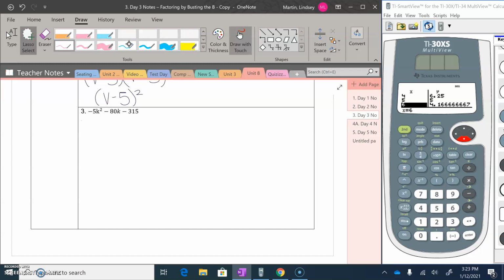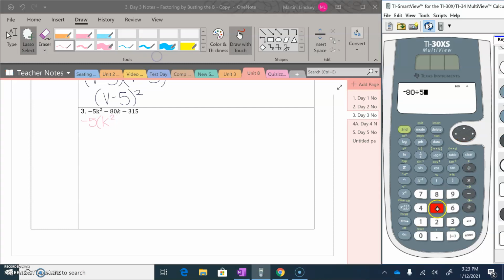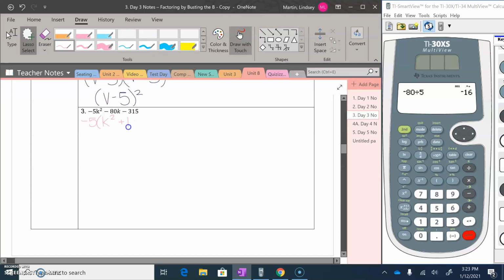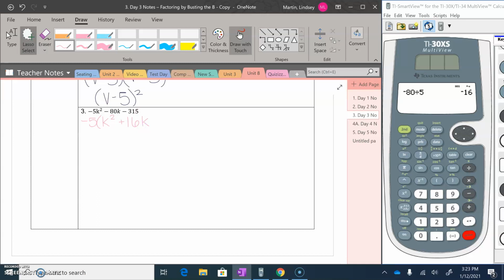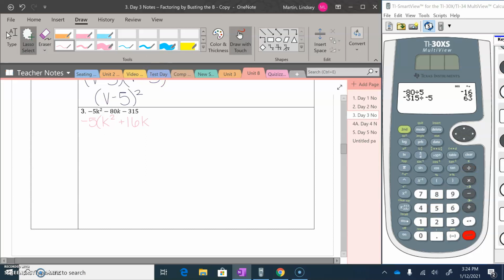So I'm going to factor out a negative 5 from my entire equation, and that leaves me with k squared. We'll take negative 80 divided by negative 5. That gives me 16. And then negative 315 divided by negative 5. That gives me positive 63.